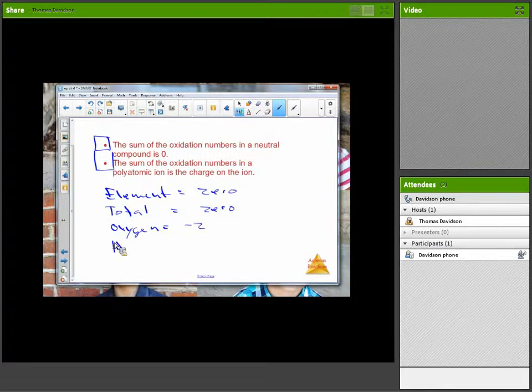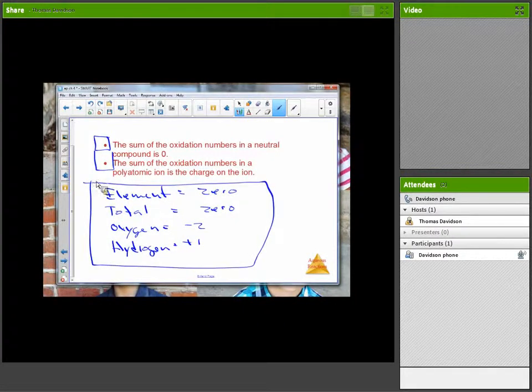Last, hydrogen equals a plus 1. You can do almost, if not all, problems just with those 4 and using these 4 to generate the others.